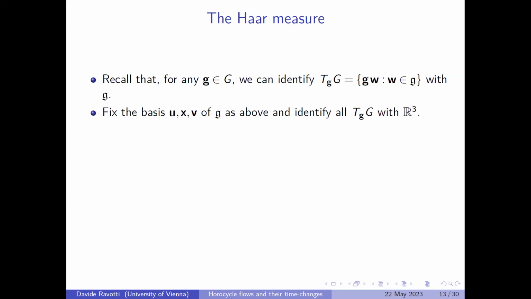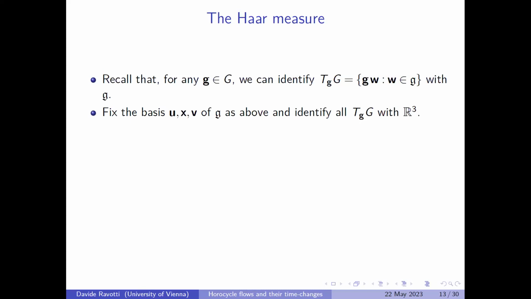And the identification was the multiplication by G. And for example, we found before a basis for my tangent space at the identity being those three matrices U, X, V. So I fix the basis of my tangent space at the identity, so I can identify it with R3 with respect to this basis. And then since all these guys are identified with this one, I can identify all these tangent spaces with R3. Okay, I made a choice here, but bear with me.